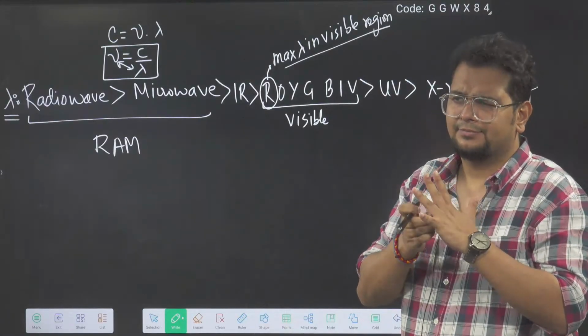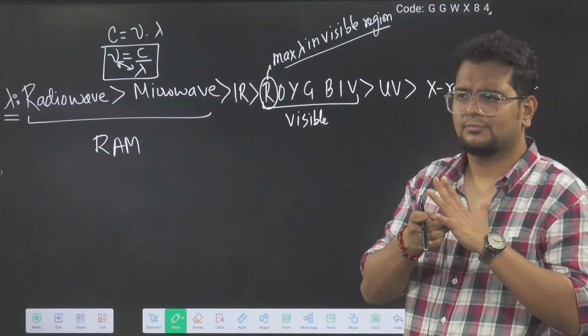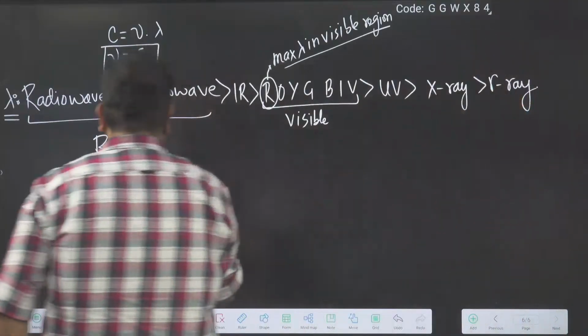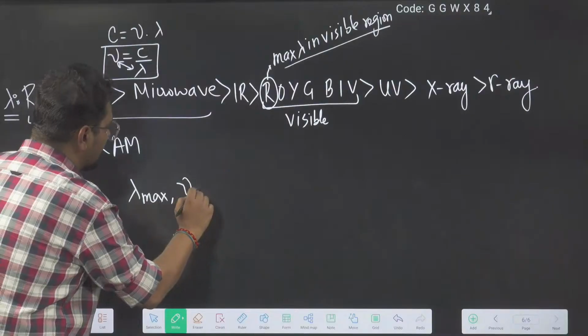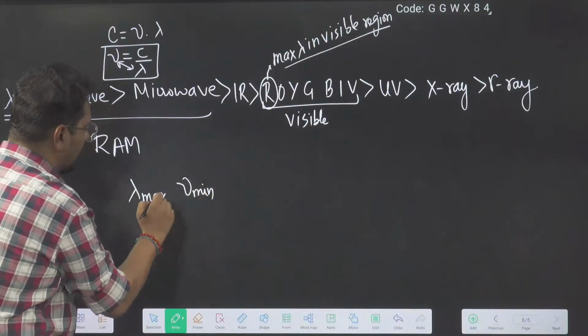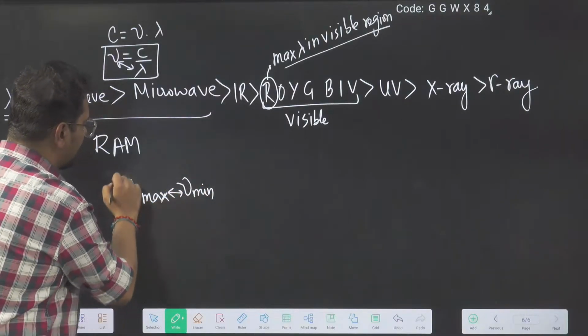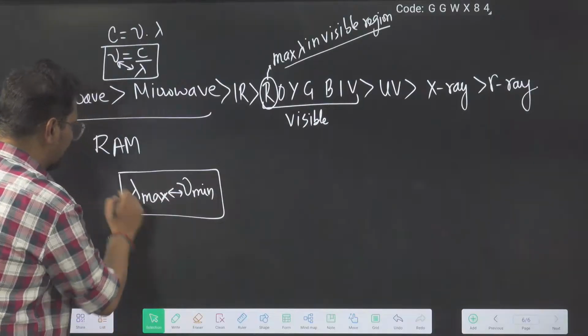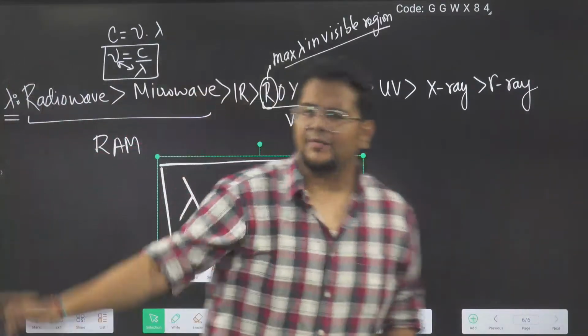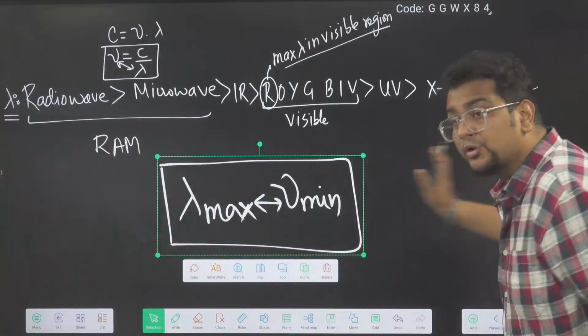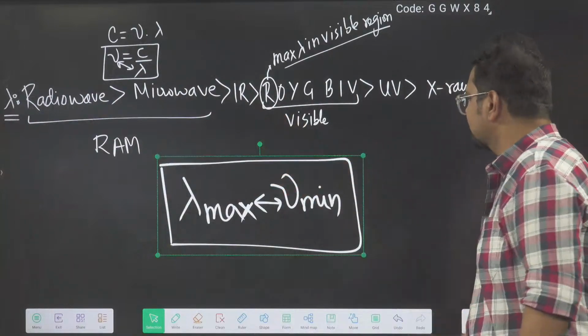Inversely. That means if lambda is maximum, frequency will be minimum. Clear? So whatever order I gave here, the opposite will be the order for frequency.